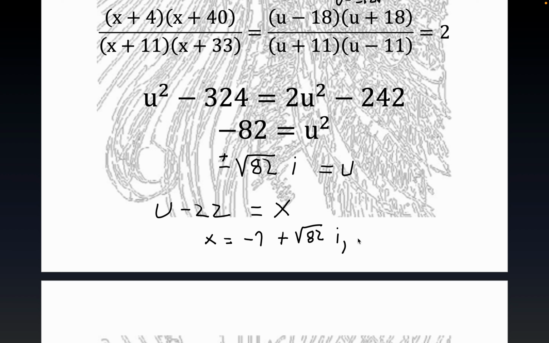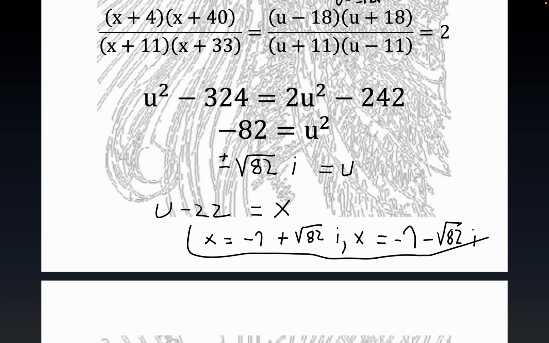And also x would be equal to -7 minus the square root of 82i. Right? So we get two solutions, two complex conjugate solutions.